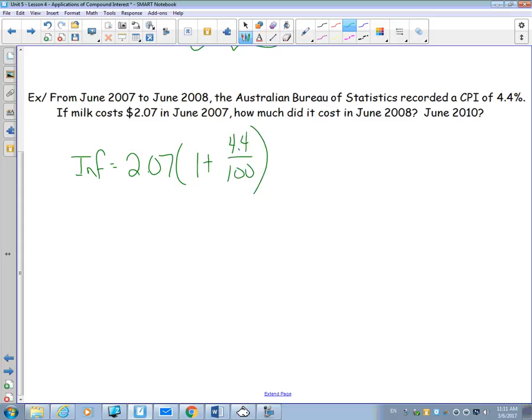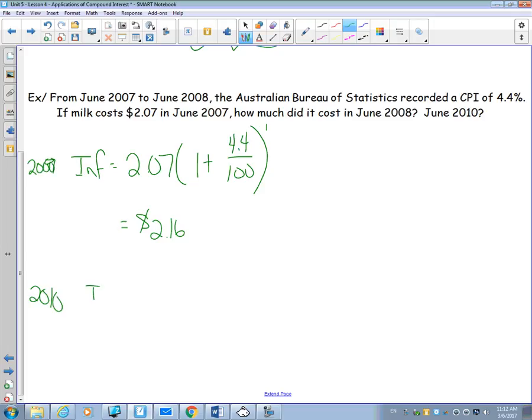And in 2008, that's 1 year after 2007, exponent of 1. Nice and simple, put it in a calculator, so we don't have to worry about the K this time. We end up with $2.16.